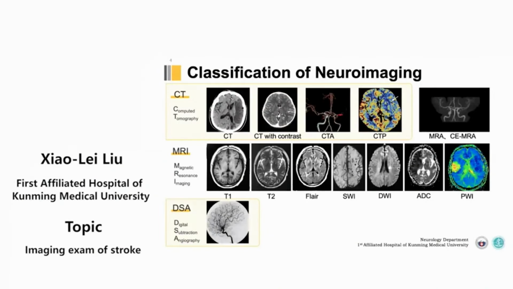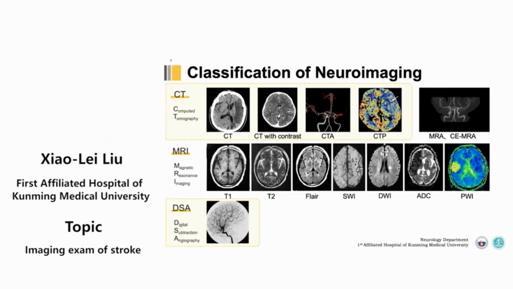So when we talk about the neuroimaging, we should know that there are computed tomography, CT, magnetic resonance imaging, MRI, and digital subtraction angiography, DSA.